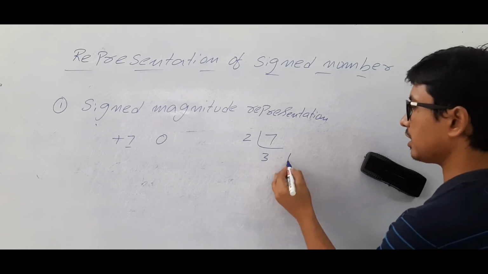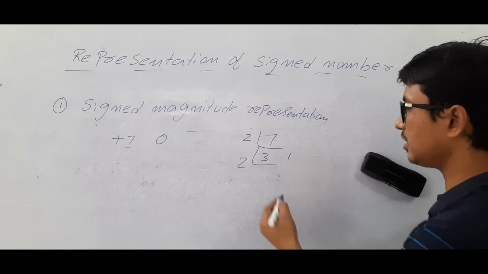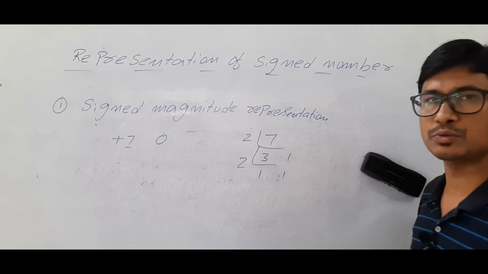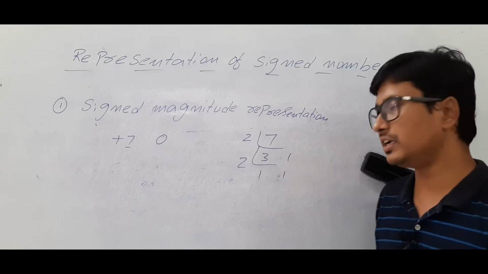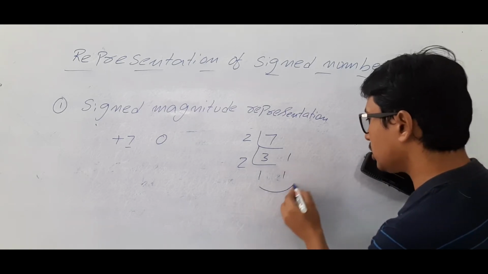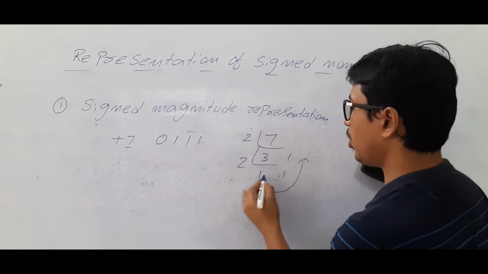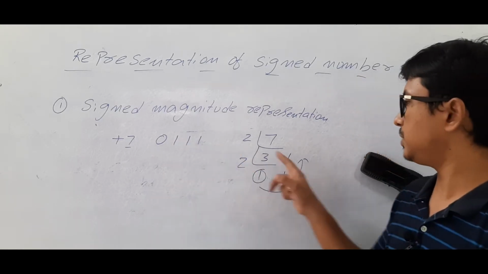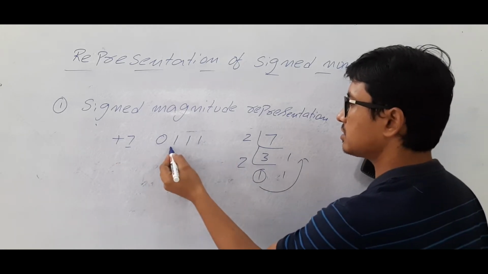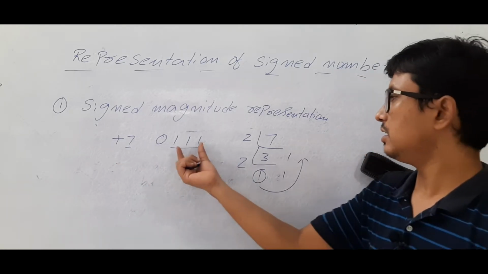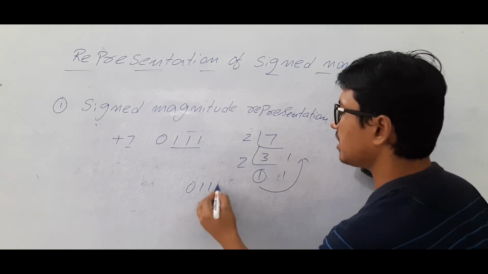Quotient you keep here, remainder here. Then again divide the 3 by 2, you get quotient 1 and remainder 1. Now 1 is less than 2, so we do not need to divide further. If you take from bottom to top, the bottom value will be the MSB and the top value will act as the LSB. So 7 will be represented as 3 ones in the 3-bit representation.